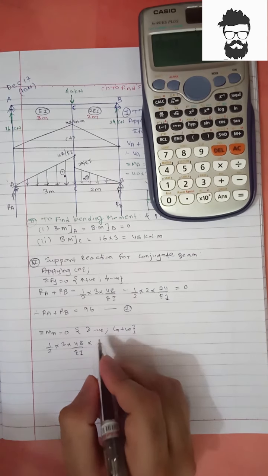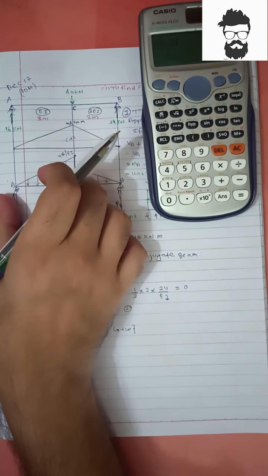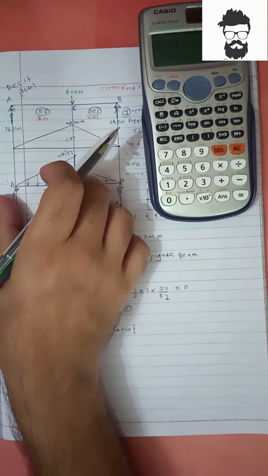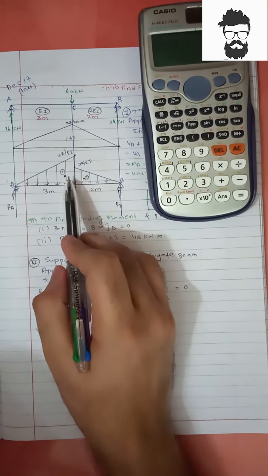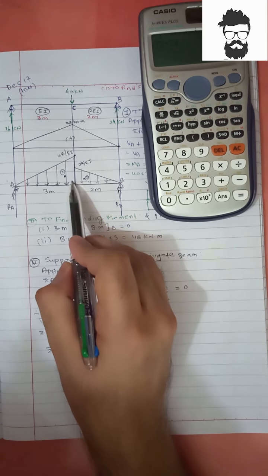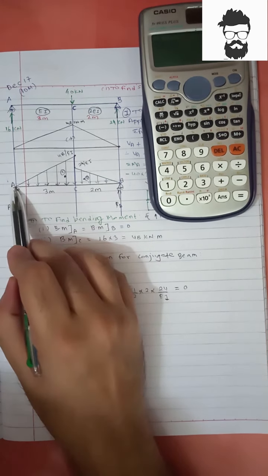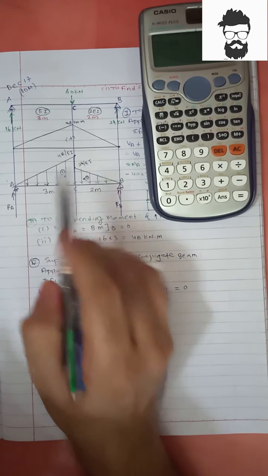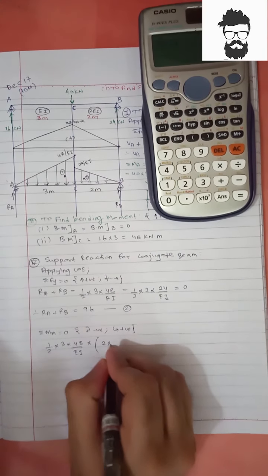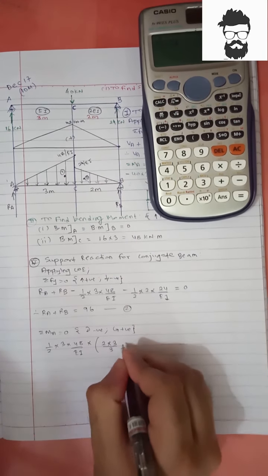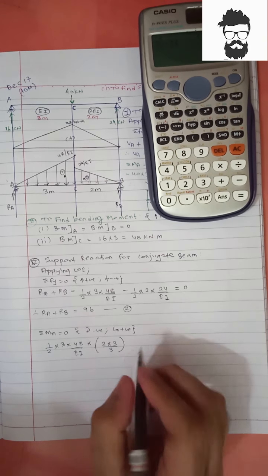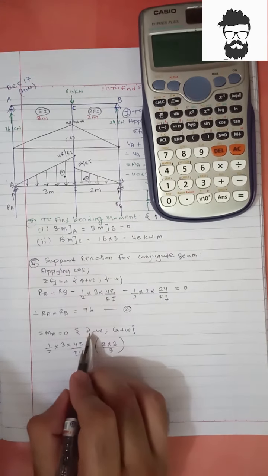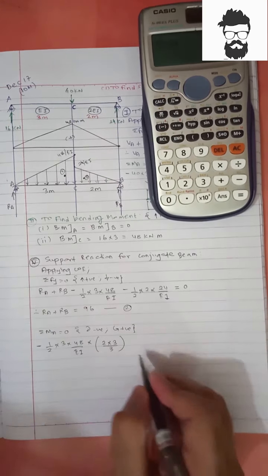So area of this triangle is half into base into height multiply by its CG. So its CG is, we should remember the property of triangle. So triangle property for CG is b by 3 from perpendicular side and 2b by 3 from vertex. So CG will be 2b by 3 and its base is 3. So it becomes 2 into b by 3. Now it is going clockwise, so we have taken clockwise is negative, so negative.